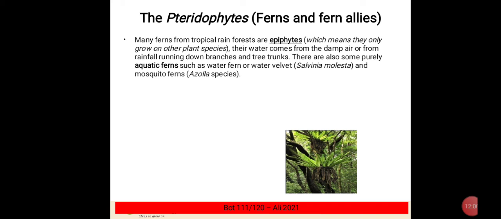You can see it is growing on top of another plant species. Epi meaning top. Therefore, this epiphyte is a plant species growing on top of another plant, and that's why we say they are known as epiphytes, because they obtain nutrients from on top of other plant species. Okay.